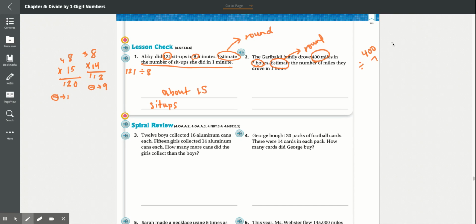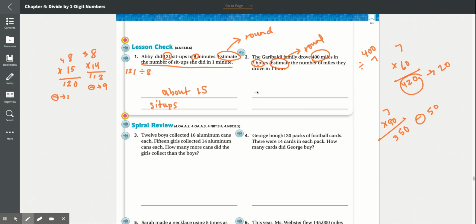So we can do 7 times 60. 7 times 0 is 0. 7 times 6 is 42. So it's 420. So we can go down to 50. So 7 times 50. 7 times 0 is 0. 7 times 5 is 35. So we can see that this here has a 50-mile difference, while this one only has a 20-mile difference.